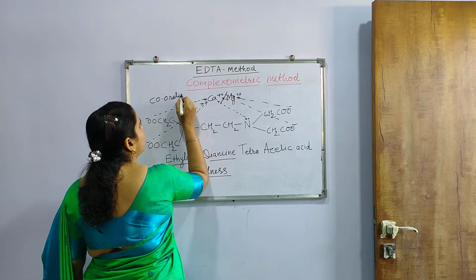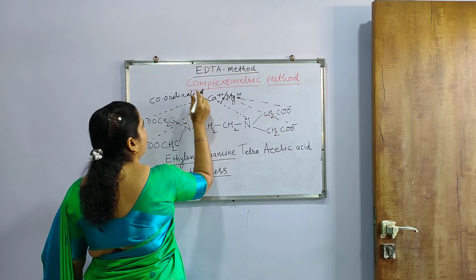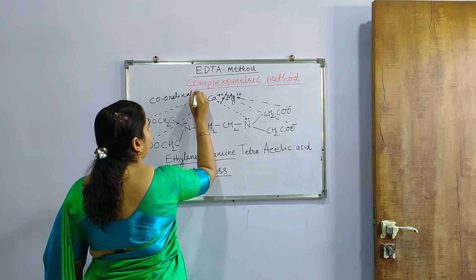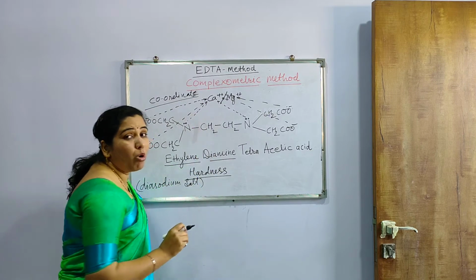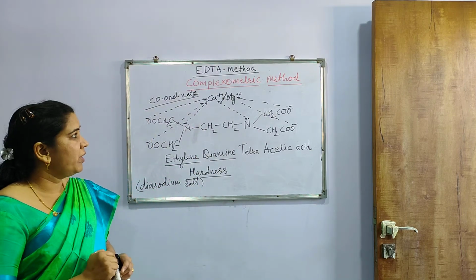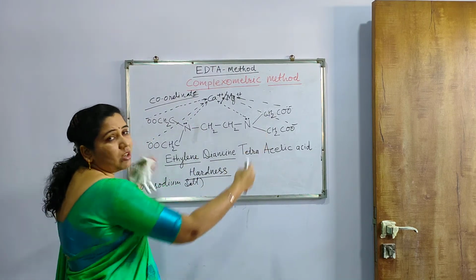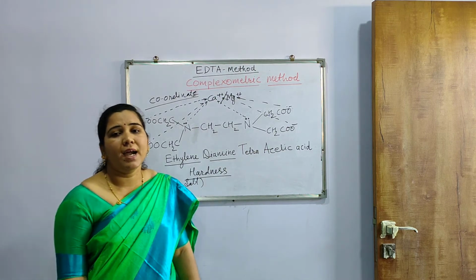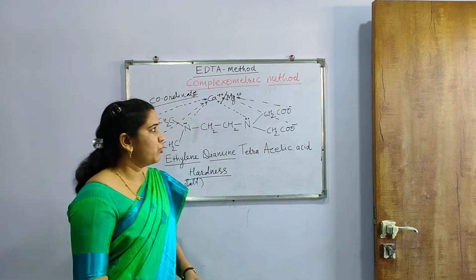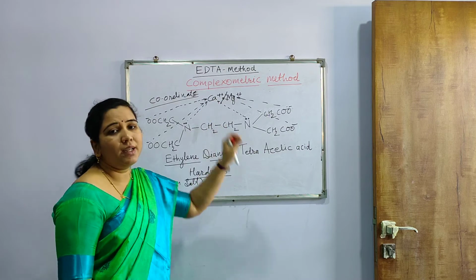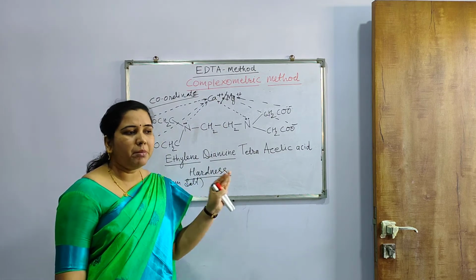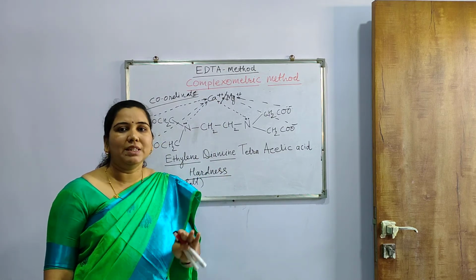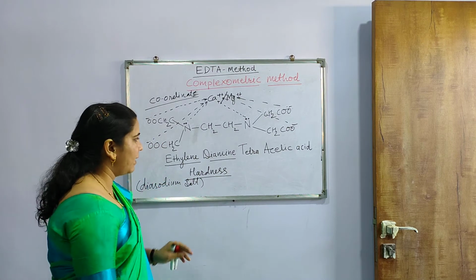One of the most stable bonds is formed here, and in this way this is the structure of the EDTA and metal ion complex. So we can say it is a Ca-EDTA complex, or M-EDTA complex, or Mg-EDTA complex, like that.